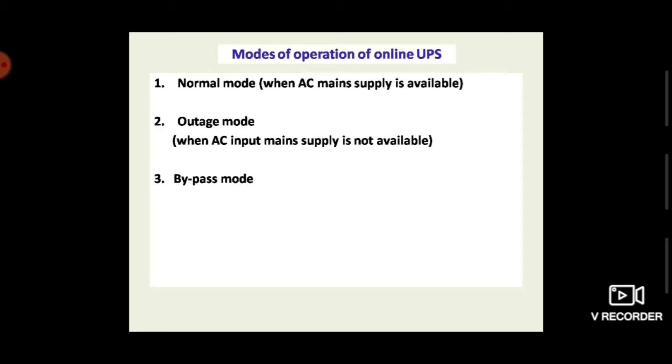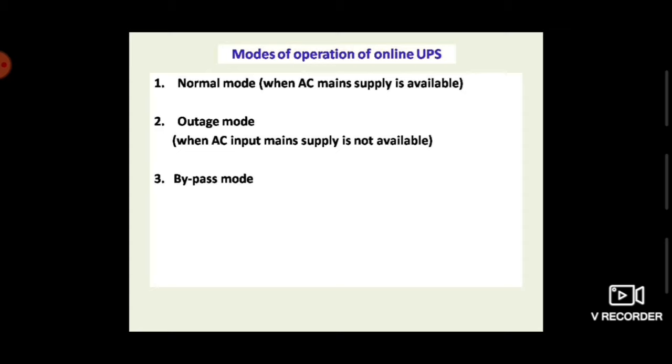Number 3 is the bypass mode. This mode exists during the overload condition, keep in mind, or when a fault develops in the inverter. In the UPS system, one of the main parts is the inverter.